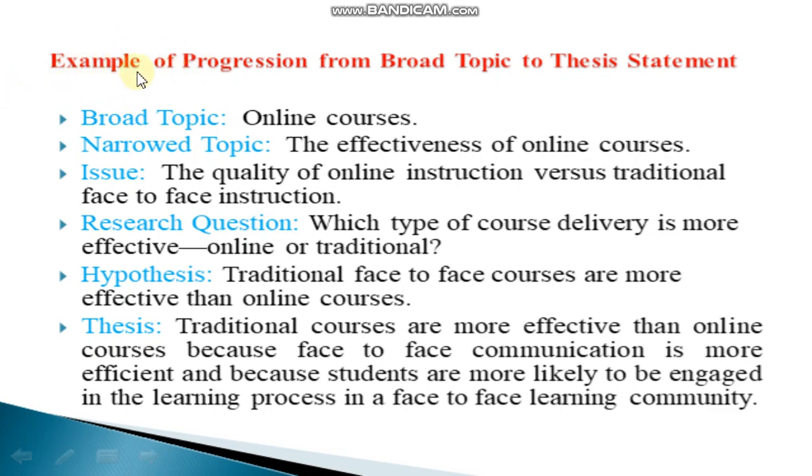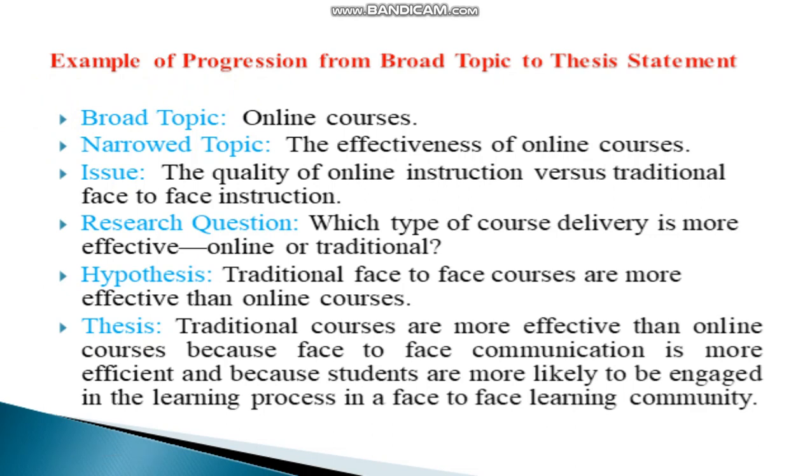Online courses consist of many categories. We need to select one category to write about and narrow our topic. So in this case, we are going to write about the effectiveness of online courses. Okay? Then you need to decide the issue of your paper.